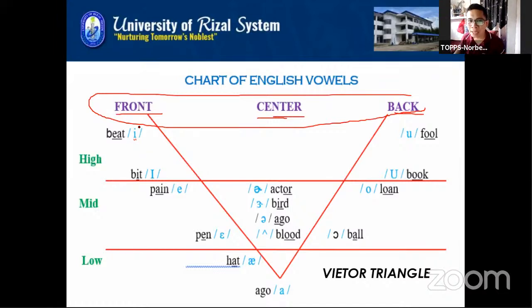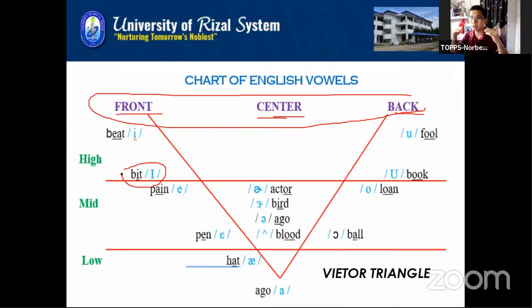This time, let's describe the production of the short E sound. When we are pronouncing the sound of short E, our tongue moves forward, our jaw is high, and the duration of the sound is short. Hence, we produce the sound of short E. If you listen very carefully, beat.